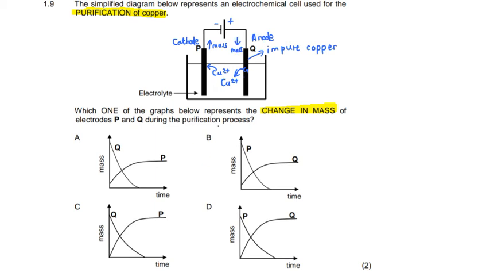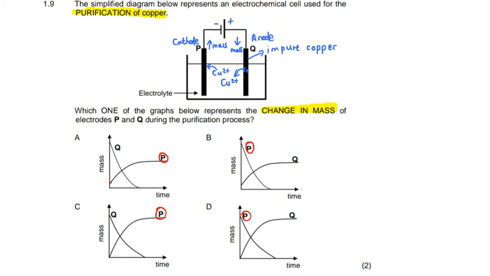Now we're going to go to our graphs, and focus on electrode P all the time, and identify the graphs that show that over time I'm seeing an increase in the mass of electrode P.